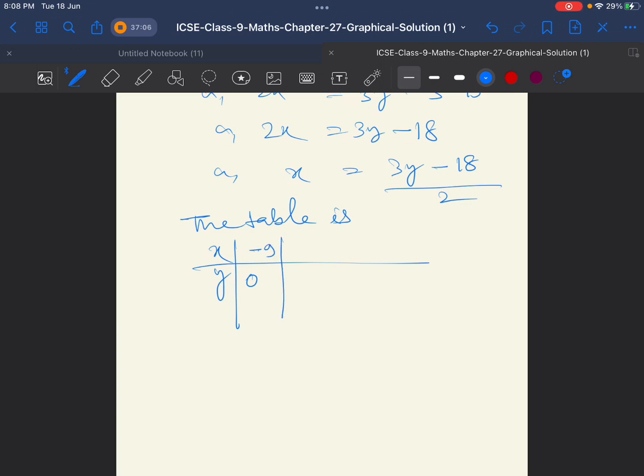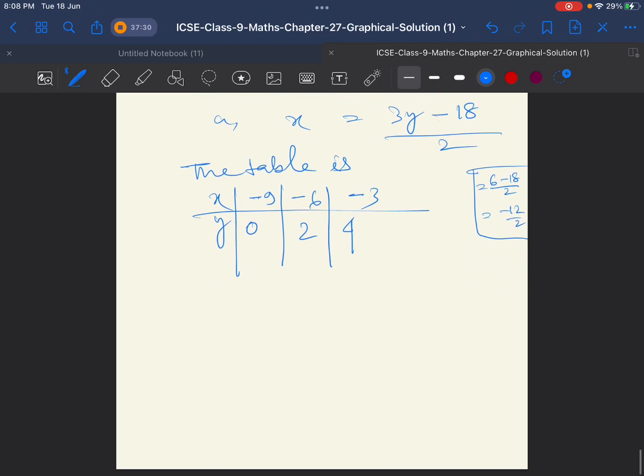x y. When y equals to 0, then x is minus 9. When y equals 2, 6 minus 18 by 2, minus 12 by 2. Okay, so the value when y equals to 2, the value of x is minus 6.